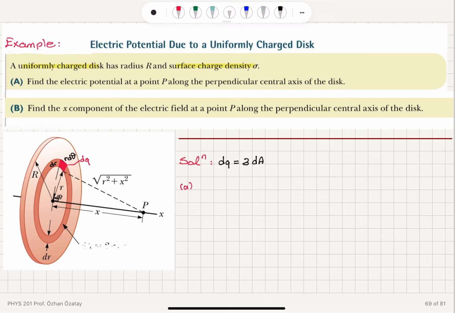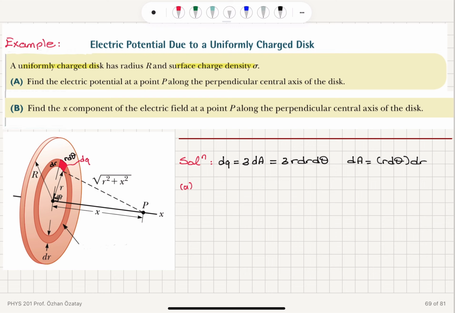So this dA is not what I'm using. All right. So in that case, I can write dq as sigma r dr d theta, where dA is now r d theta multiplied with dr.